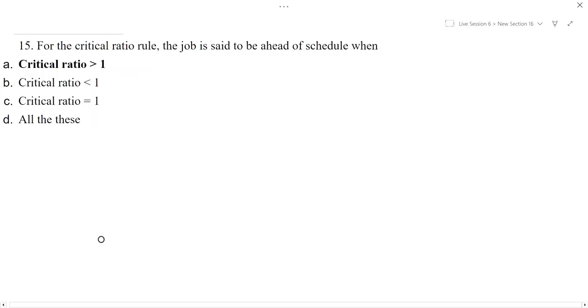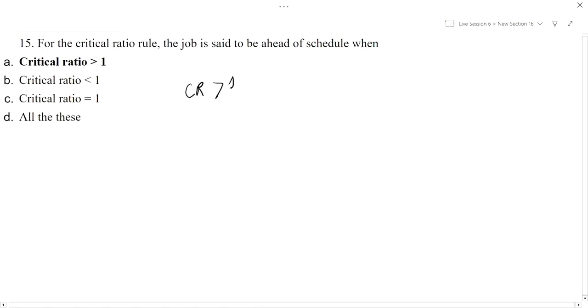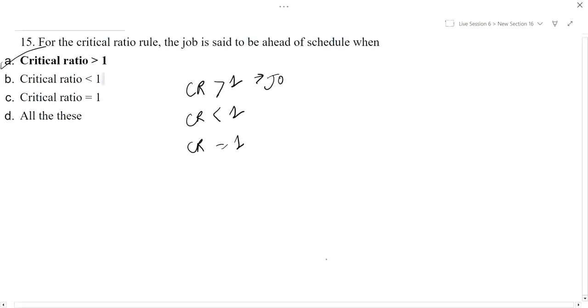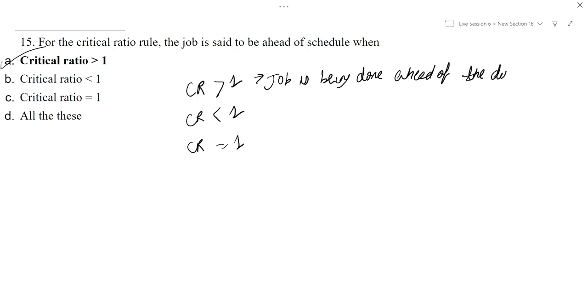The next question, for the critical ratio rule, the job is said to be ahead of schedule when? We already discussed critical ratio greater than 1, critical ratio less than 1, critical ratio equal to 1. So critical ratio greater than 1 indicates the job is being done ahead of the due date.